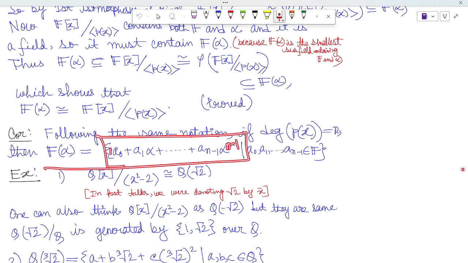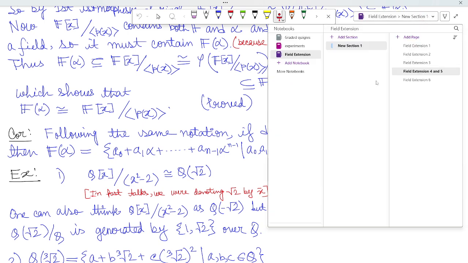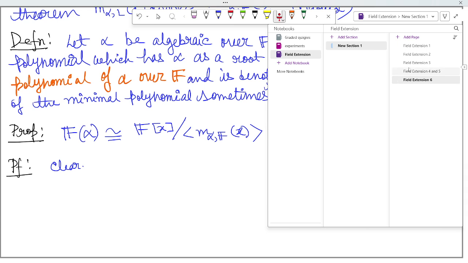The degree of Px and the degree of m_{alpha,F}(x) will be the same. So I am not writing it explicitly. Is that clear? So I think you understood this.